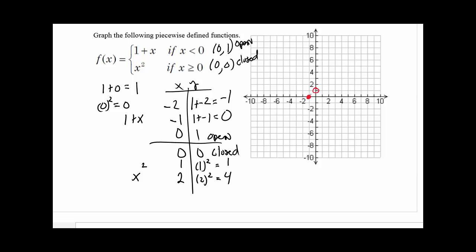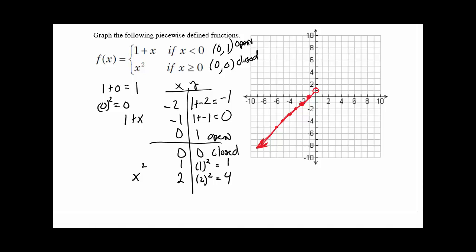Everything else is closed. I've seen students just open everything, and that's not the case. Then -2, -1. And I can see that if I keep going down, it's going to be lines on the diagonal there. So I want to connect all of those together. That piece looks like that because it does keep going.